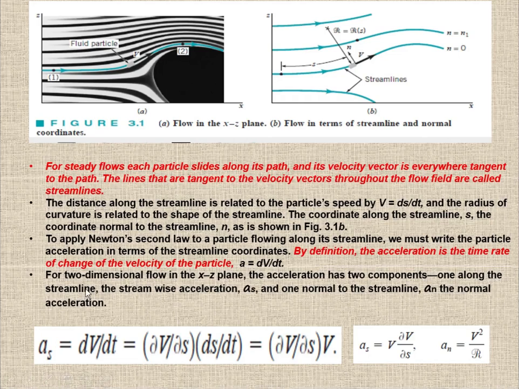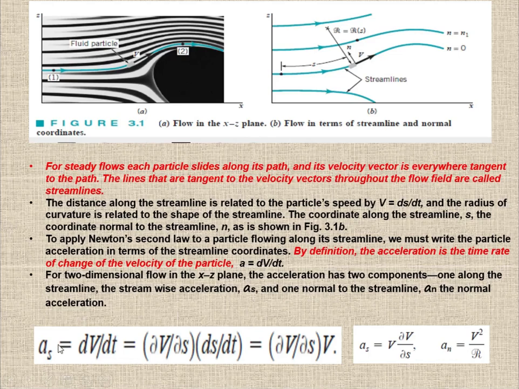Here for two-dimensional flow, because we have a coordinate system S and N, or we have the x-z plane, the acceleration has two components, one along the streamline, the streamwise acceleration a_s, and one normal to the streamline, a_n, the normal acceleration.